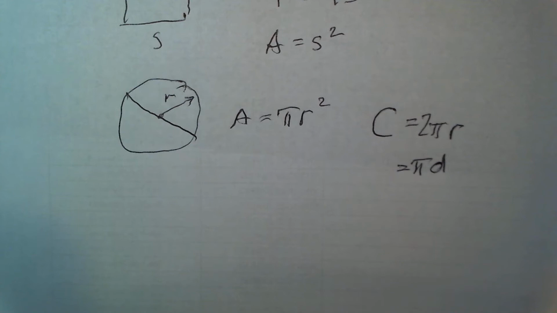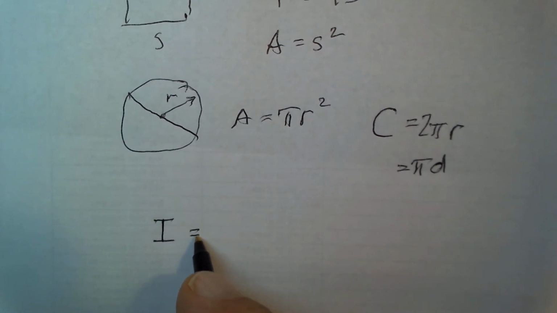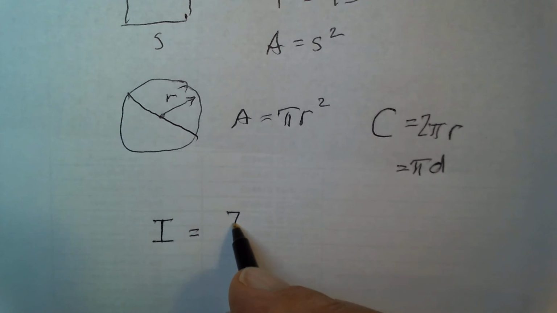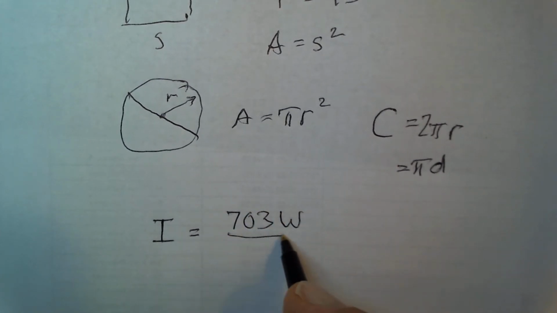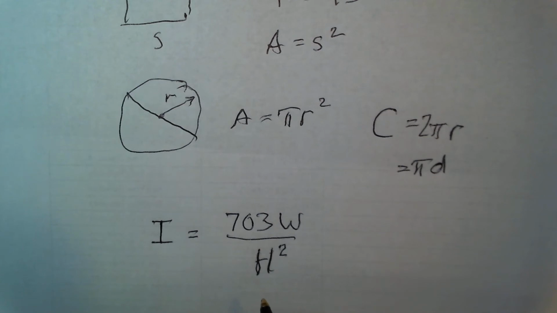But there's a formula for the body mass index. The book uses the letter I. Other people use BMI for body mass index, but it's 703 times W divided by h squared. So that's a body mass index, where the weight is in pounds and the height is in inches.